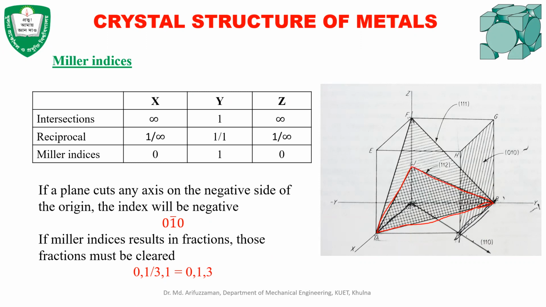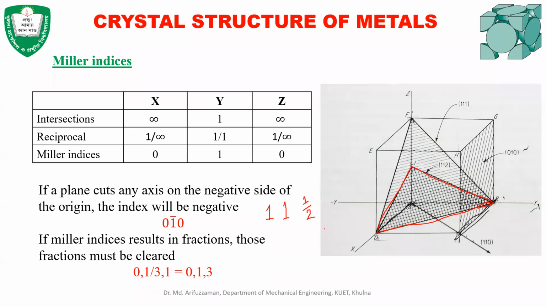This plane has intersected the x-axis at a distance 1. Let's write 1. In the y-axis, it intersects at 1. In the z-axis, it intersects halfway, that means 1 over 2.